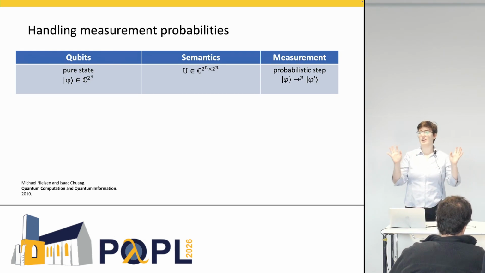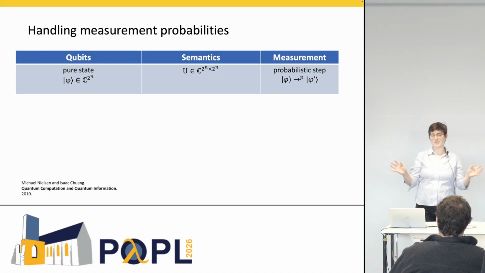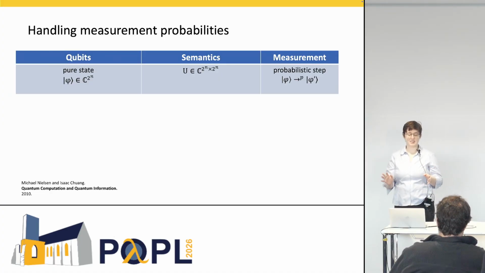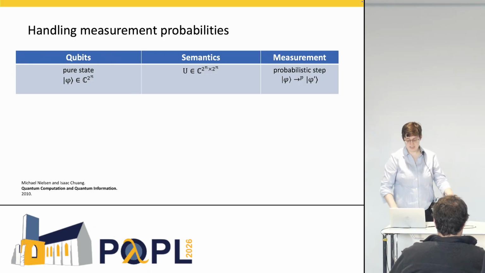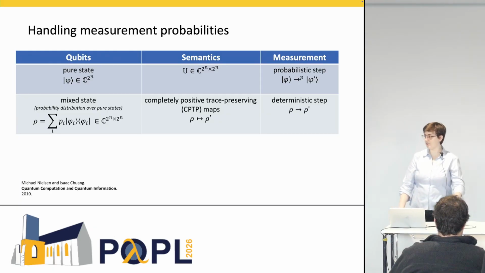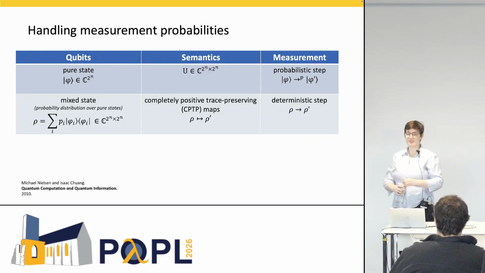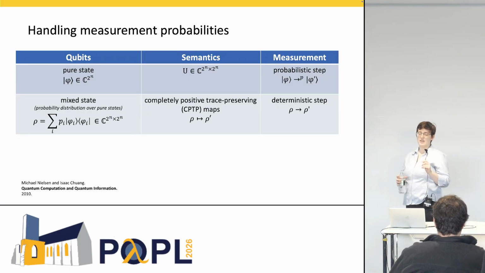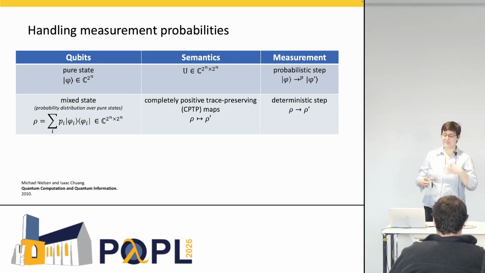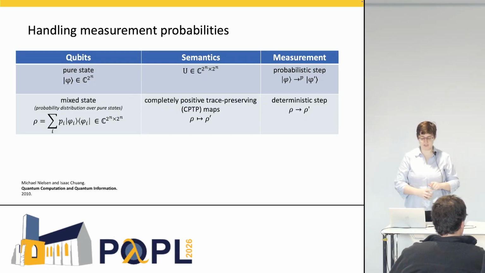Certainly, we all have lots of techniques for reasoning about probabilistic systems. But one technique in the quantum space is a nice way of moving around this. Not only is it nice, but it's also the way that physicists and mathematicians think about quantum computing in generality in many cases.